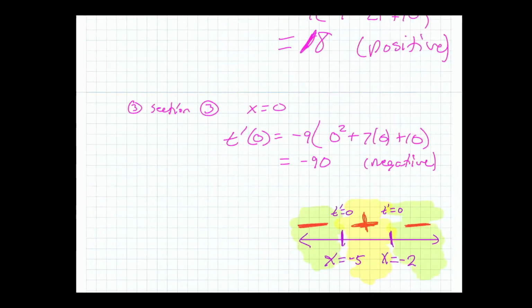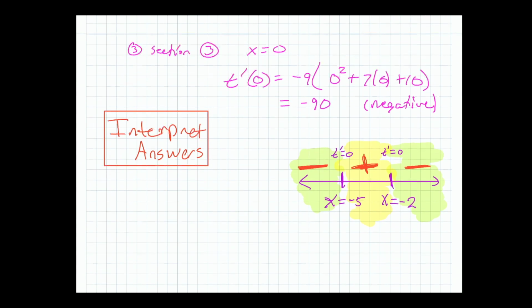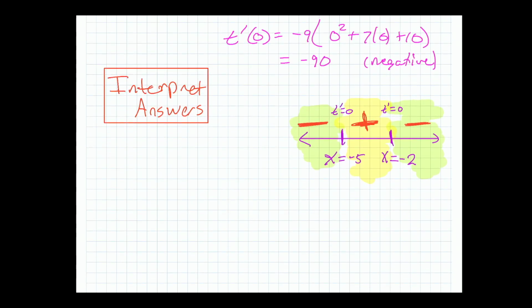All right, now from there we can interpret our answer. I guess we just want to interpret our chart is what I should say. So how do you do it? Well, remember what this means. Minus to plus means it was going down and then it came up, right?